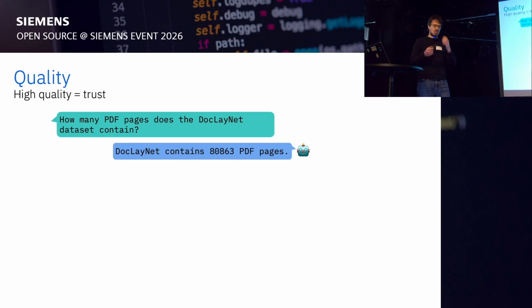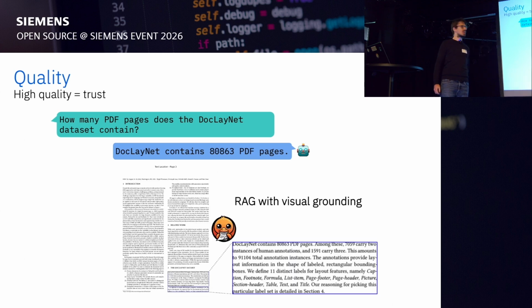We all know our interactions with all of these chat environments and how we make a question and we get back an answer that always looks very, very affirmative, very confident. And oftentimes we just leave it at that and we have no clue whatsoever whether it actually stands, whether it's correct or not, right? So what can be a very powerful feature that Docling can power is like you make a question, you get back an answer, but crucially, you also get visual grounding.